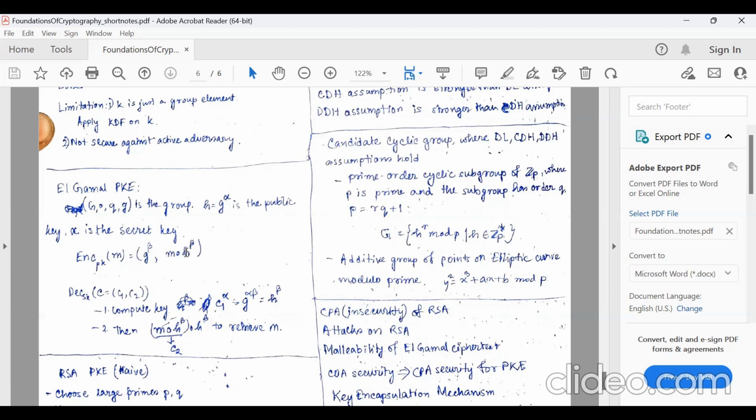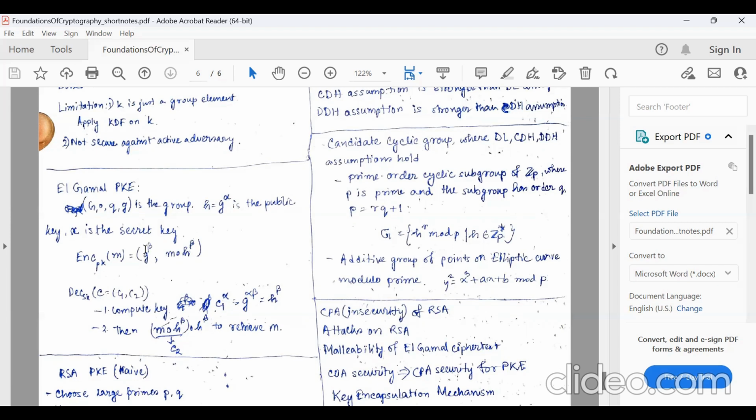So you raise h to the power beta, which is nothing but g to the power alpha beta. That is the agreed upon key between the two parties, and with that key you apply the group operation on m. While decrypting, you first compute the common key k by doing C1 to the power alpha.